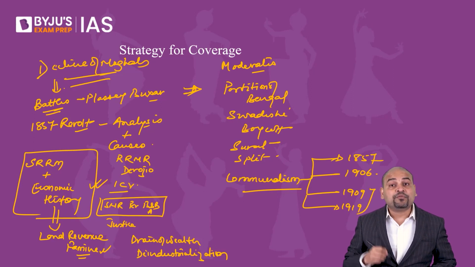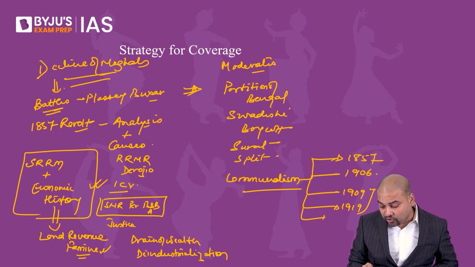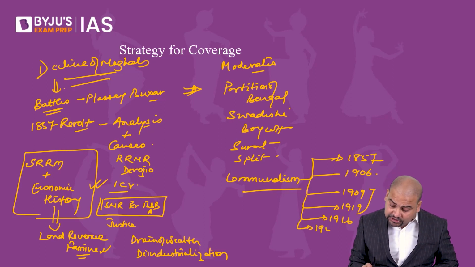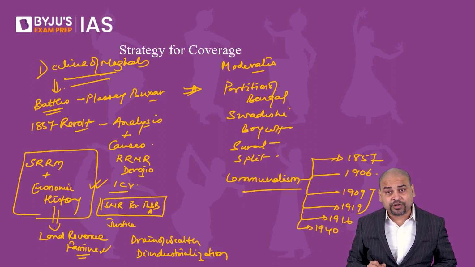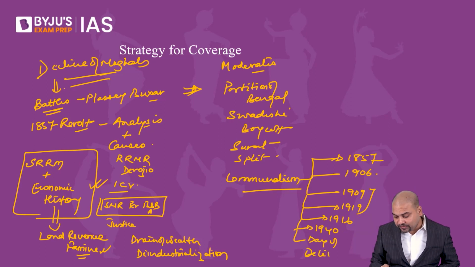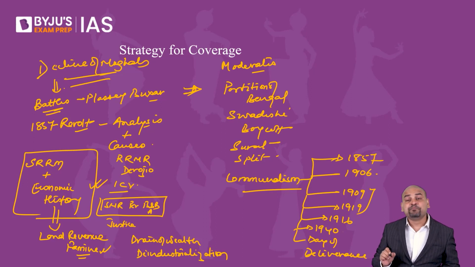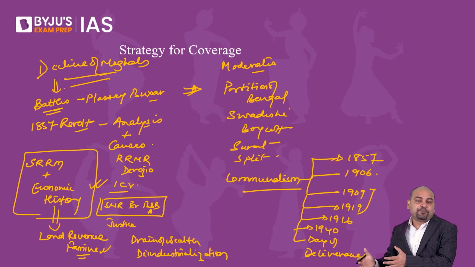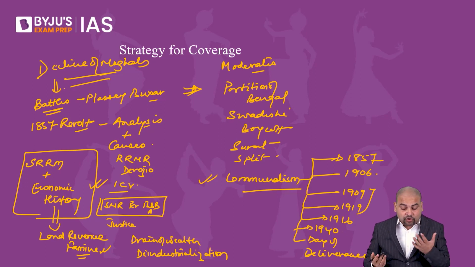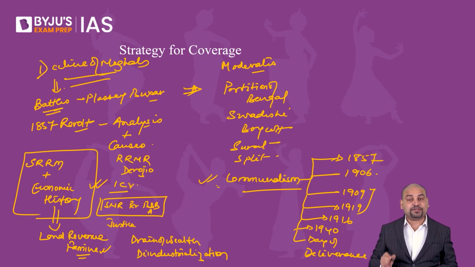Both of them gave separate electorates. Similarly, the Lucknow Pact of 1916. Later, in 1940, the two-nation theory being asked. Before this, the Day of Deliverance, all this you will have to mention. So remember, the things that we study for prelims, invariably they become the fodder for our mains exam also. So our knowledge of that has to be utilized here.